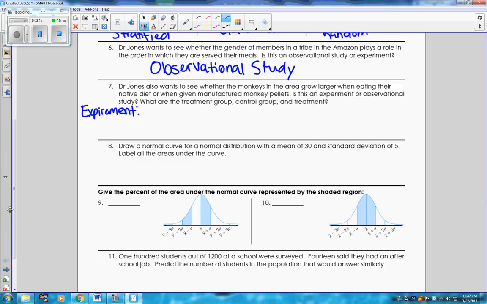Now, the second part of the question asks for us to identify the treatment group, control group, and the actual treatment. So the treatment, I'm going to change colors so you can know I'm writing something else, are the monkey pellets.